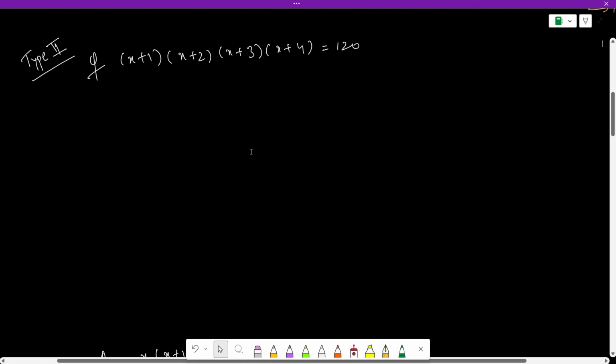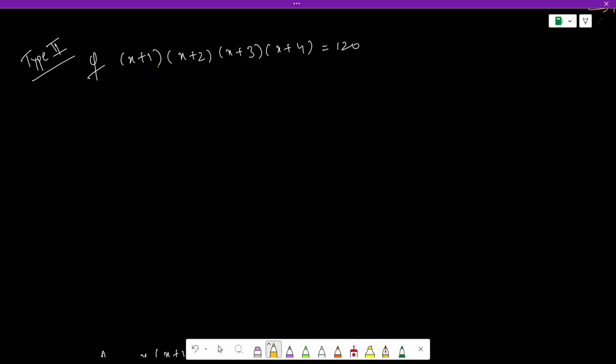In this type, the catch is that the sum of the constant terms in these brackets is equal. So 1 plus 4 is 5 and 3 plus 2 is also 5. Now here what we can do is club these brackets together.